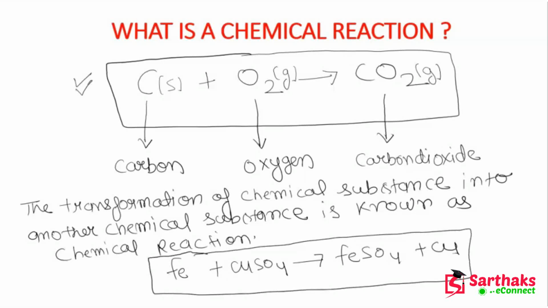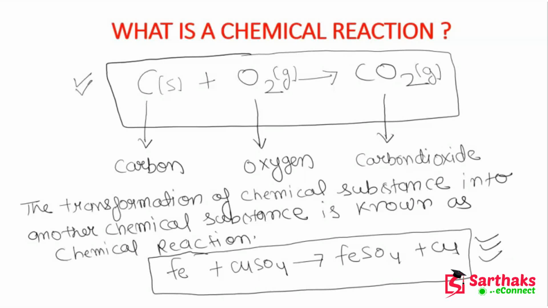You don't need to worry how I wrote it, because just after some time you will write it on your own. You will learn how to write this chemical equation. But for now, you just need to cooperate with me.